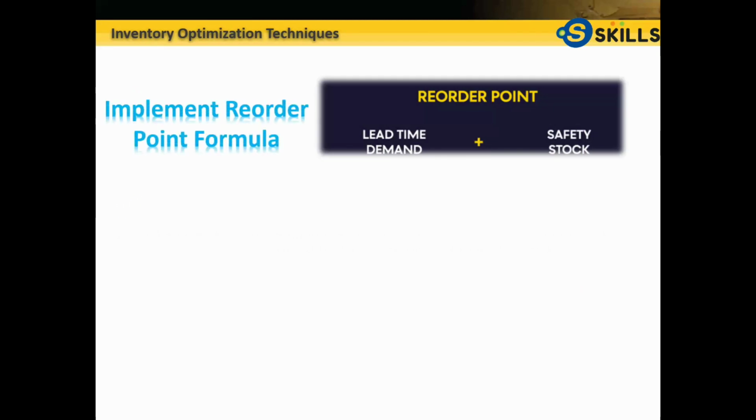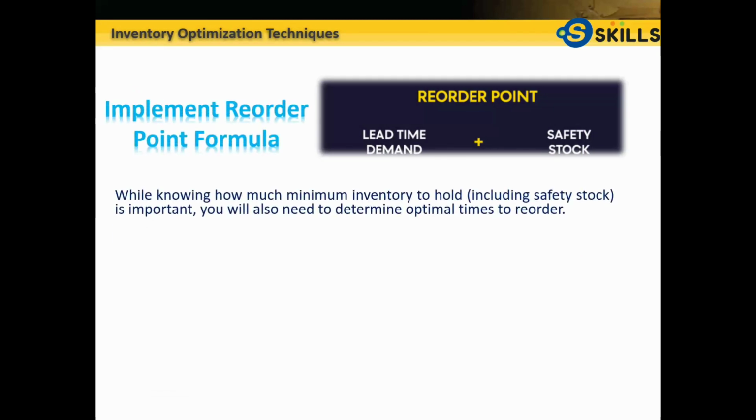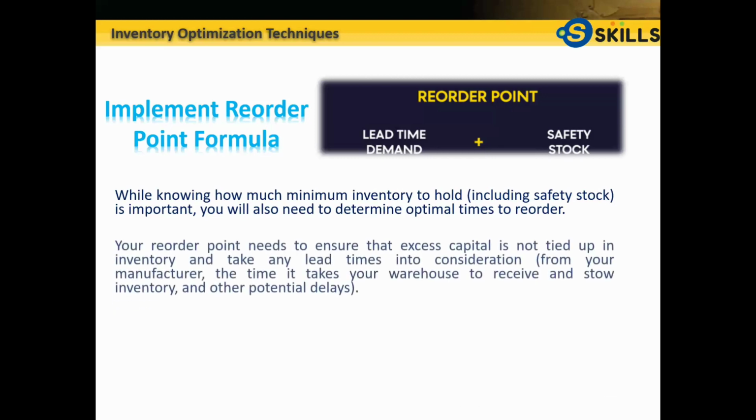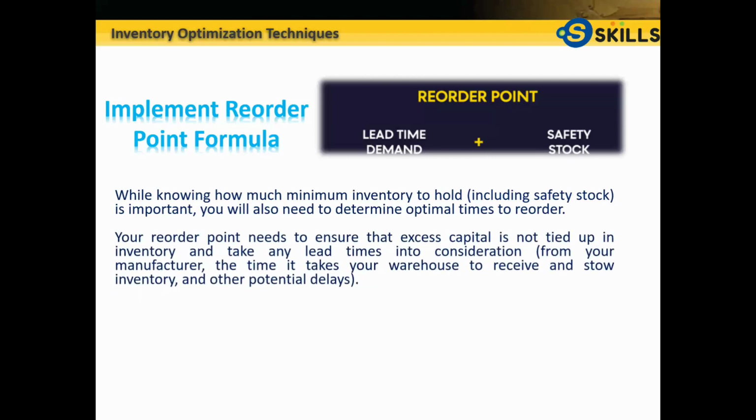Implement reorder point formula. While knowing how much minimum inventory to hold, including safety stock, is important, you will also need to determine optimal times to reorder. Your reorder point needs to ensure that excess capital is not tied up in inventory and take any lead times into consideration from your manufacturer, the time it takes your warehouse to receive and store inventory, and other potential delays.